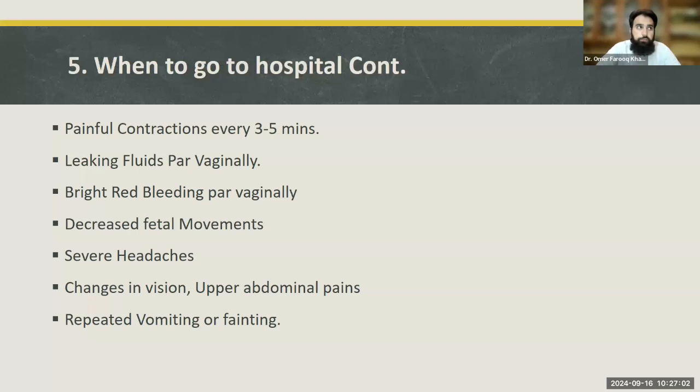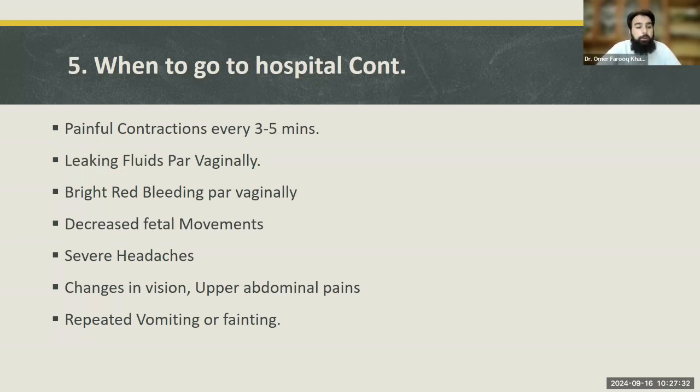If there are changes in vision, she starts to feel blackish spots in front of her eyes, or there is vague upper abdominal pain, these are the signs and symptoms of preeclampsia, and she may go into eclampsia. What is eclampsia? Basically, it's the start of seizures in a woman due to a placental reaction. The start of seizures might be life-threatening.